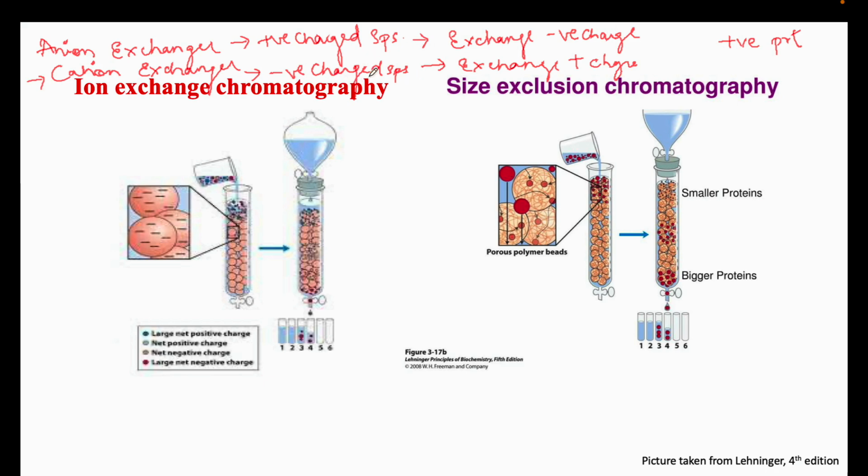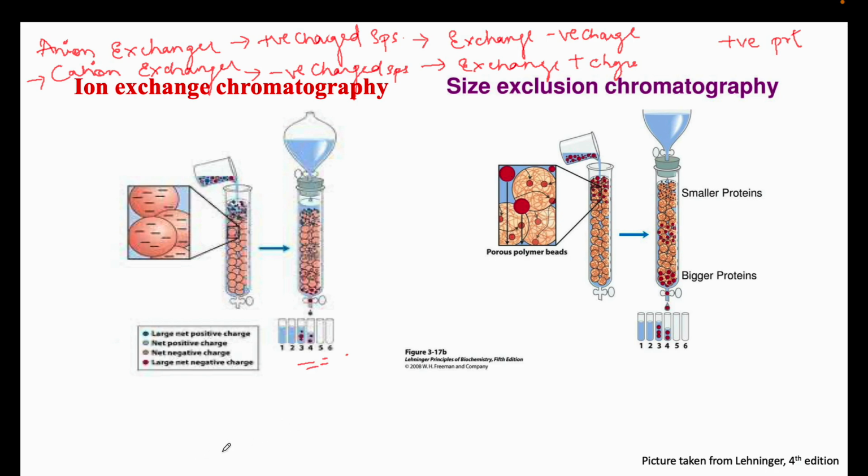So I'll use a negatively charged species, and I'll pack the column with this negatively charged species as shown here. And when I pour my protein solution, my positively charged species will bind to this negatively charged cation exchanger. And finally, when I add an elution buffer, there is a special elution buffer, I'll get my protein eluents like here from 3, 4, 5, 6. I'll get my protein eluents.